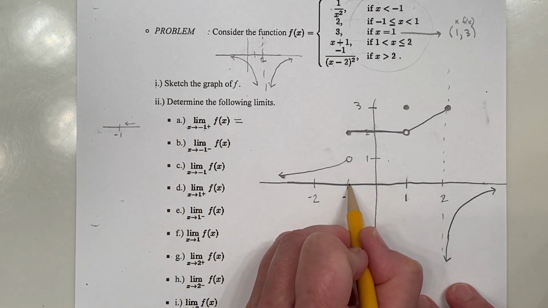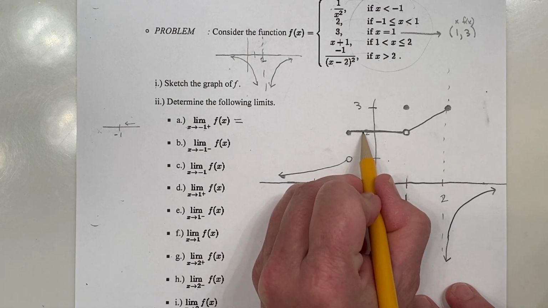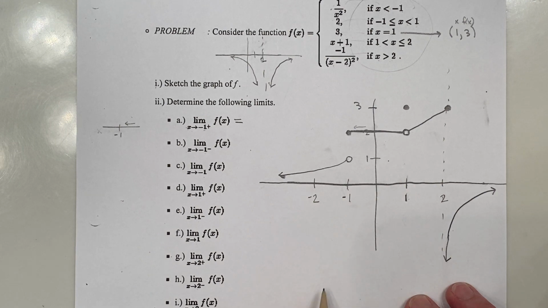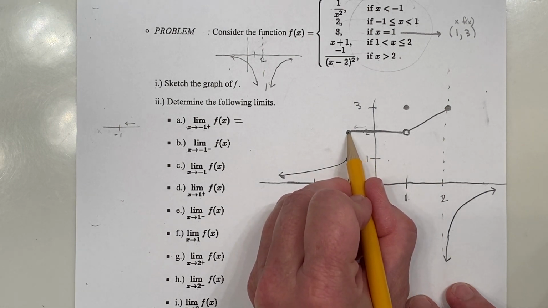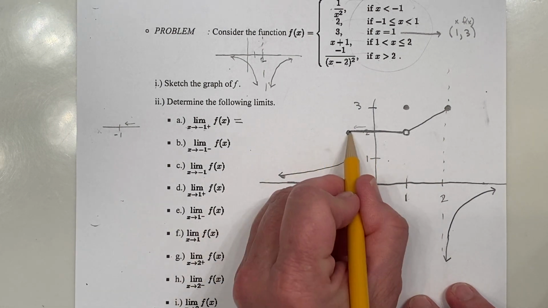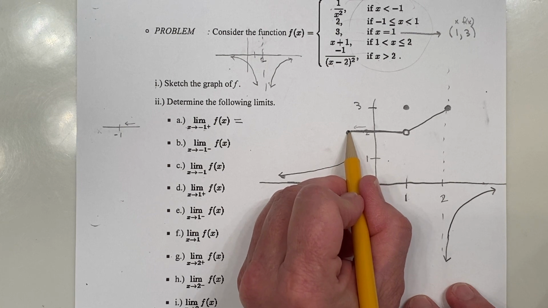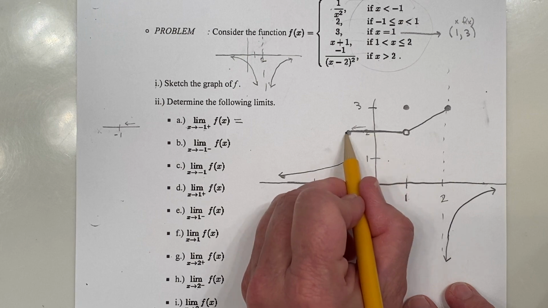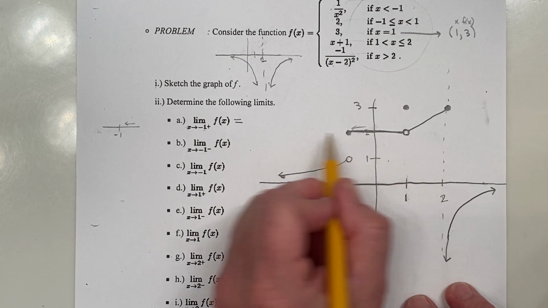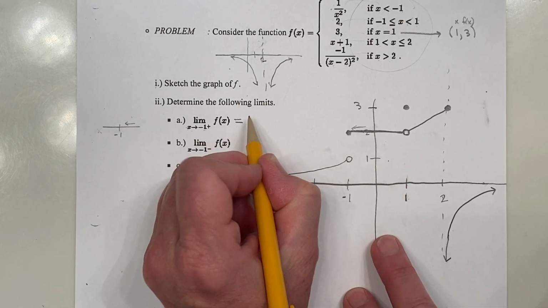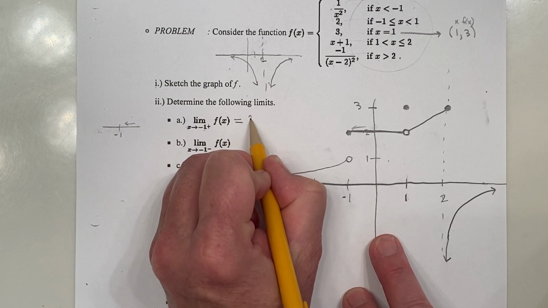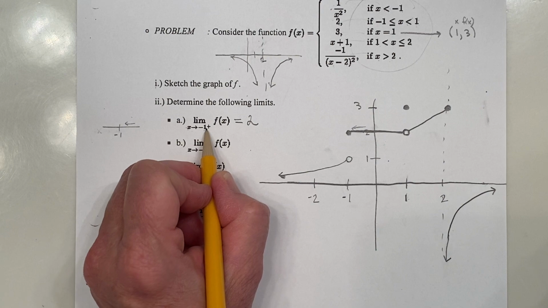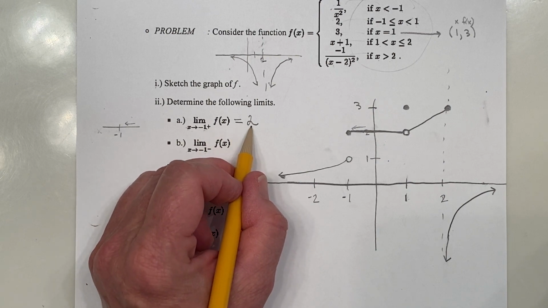I'm approaching -1 from the right, so let's get on that part of the graph that's to the right of x values of -1, and start moving that way. So what's the intended height as I approach -1 from the right side? I never want to be at x equals -1. I just want to approach it, and the intended height is read from the vertical axis, the y-axis. So that limit is 2. The right-hand limit exists, and it's equal to 2.